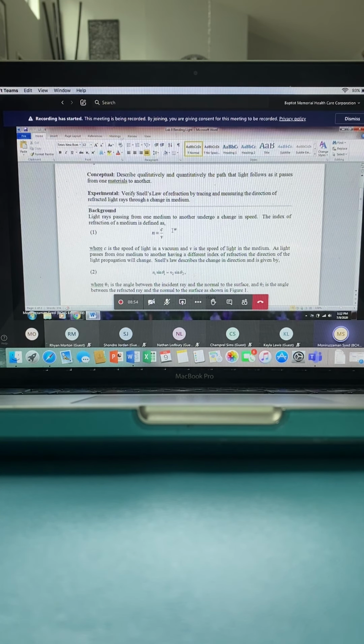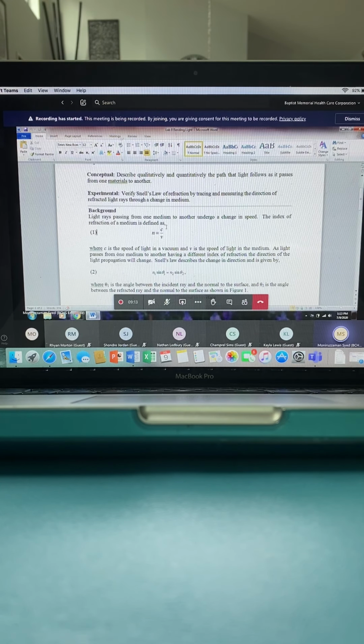With equation number 1, n is the index of refraction that we are trying to calculate, and it is the ratio between two types of speeds of light.